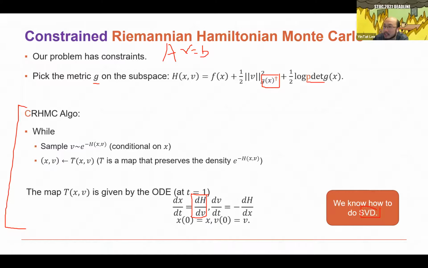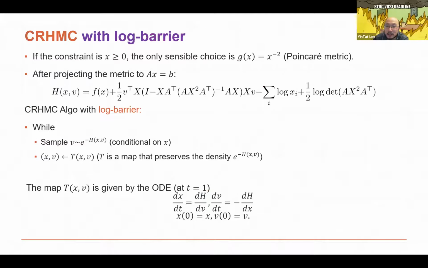But what is the metric we pick? For example, if the constraint is X larger than 0, you can think, let's say the polytope is here. You want to pick the metric such that the distance from any point to any other point is kind of small. Then one natural choice of metric is the log barrier metric.